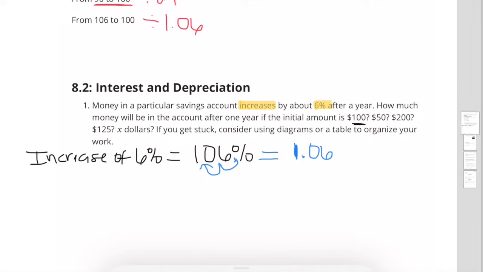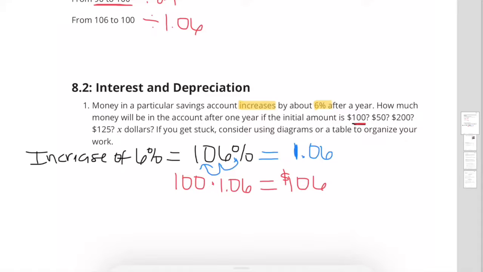So then we would just multiply: 100 times 1.06, which would give me $106. So if I initially have $100, after 1 year, my savings account would have $106 in it.